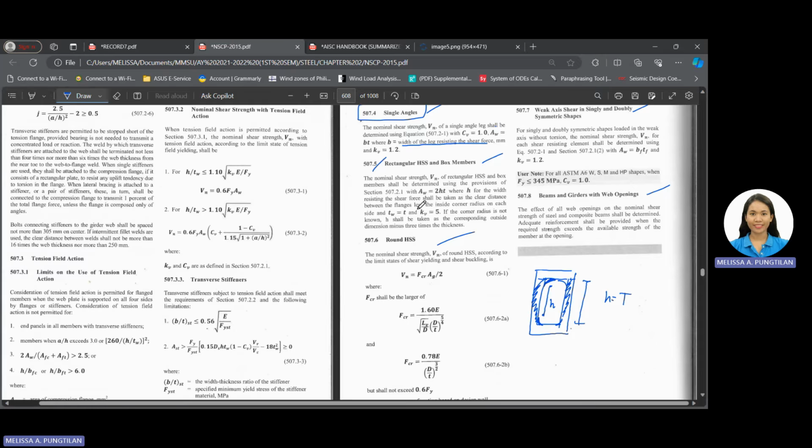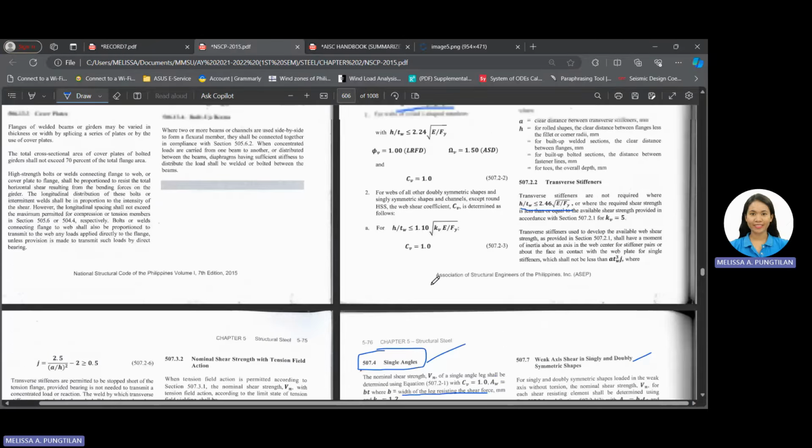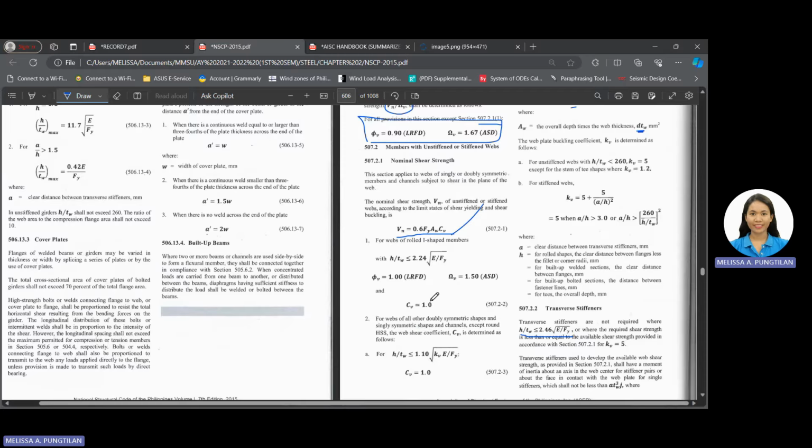And then for Cv, according to 507.5, h shall be taken as the clear distance between the flanges, blah blah blah, and Kv is equal to 5. Okay, so for the computation of our Cv, we will use section 507.2.1 kasi yun yung provision na ginagamit natin. This one, 507.2-1. So here, for webs of all other doubly symmetric shapes and singly symmetric shapes and channels except round HSS, the web shear coefficient Cv is determined as follows.